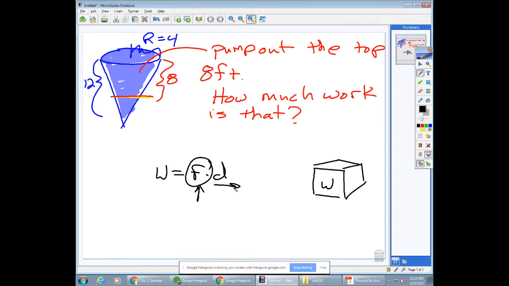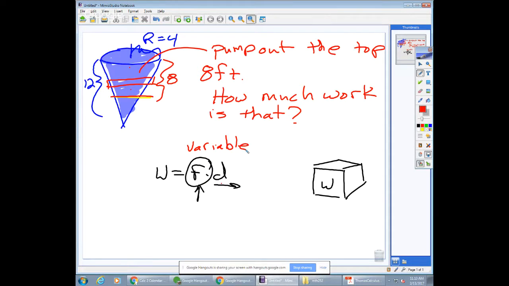However, in this case right here, I'm going to have different volumes of water moving around. The volume of that rectangle is a little bigger than the ones below it and a little smaller than the ones above it. And then each of those little rectangles is going to be moved a different distance. So distance is varying, which I expect, but because I'm going to have different volumes, I'm going to have a variable force.